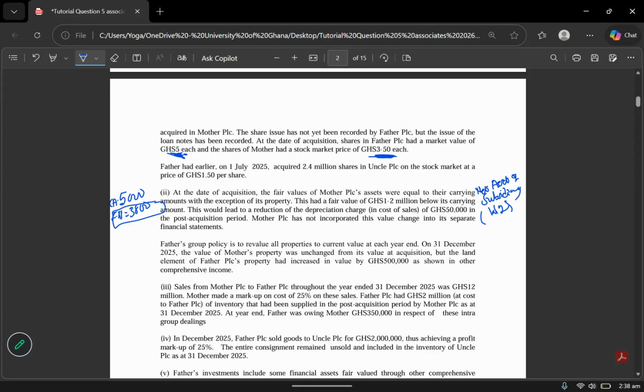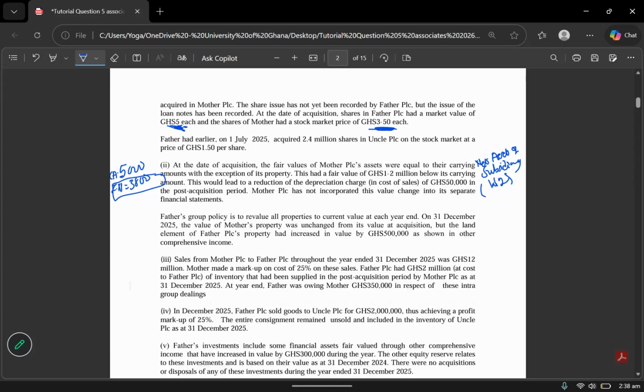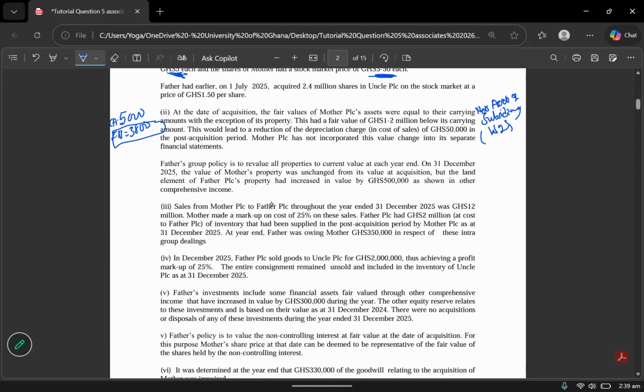Mother PLC has not incorporated this value change into its separate financial statements. All right. Father Group's policy is to revalue all properties to current value at each year end. On 31st December 2025, the value of Mother's property was unchanged from its value at acquisition, but the land element of Father PLC's property had increased in value by 500.